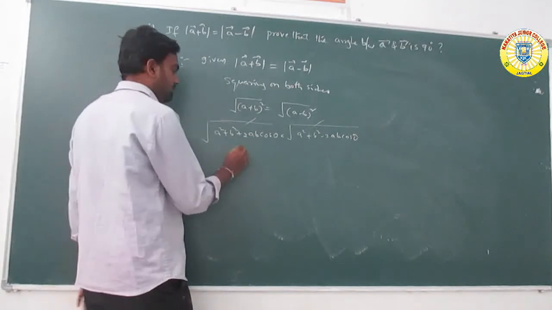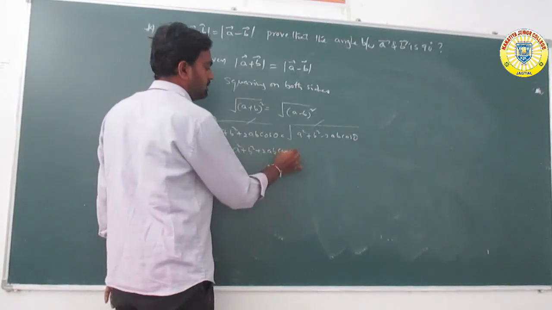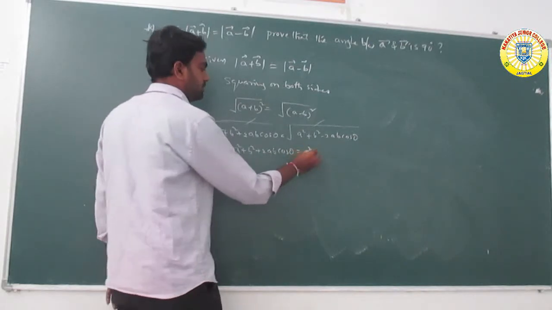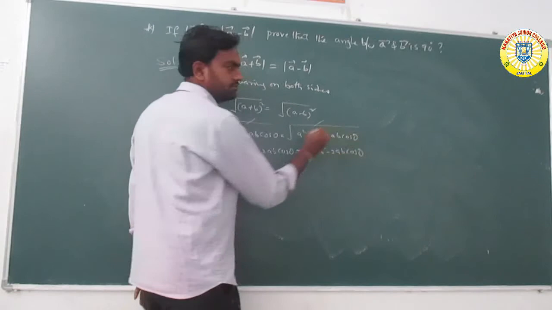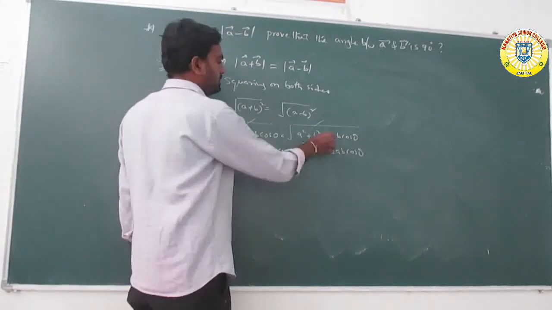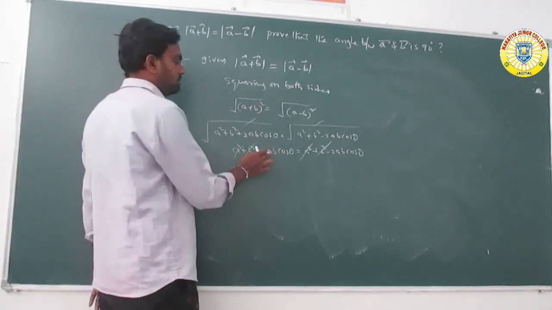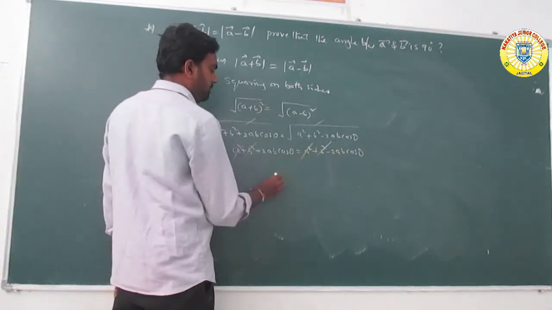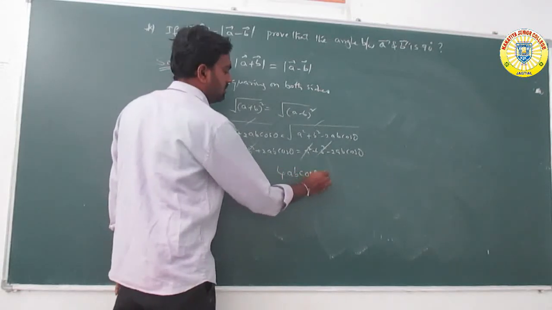So the remaining equation is A square plus B square plus 2AB cos theta equal to A square plus B square minus 2AB cos theta. A square and B square are cancelled, so remaining 2AB cos theta minus, that is, 4AB cos theta is equal to 0.